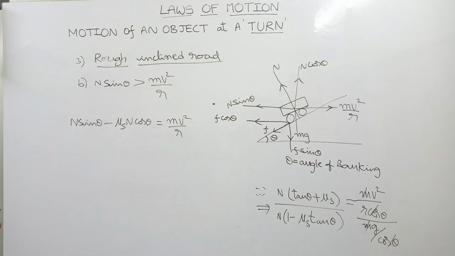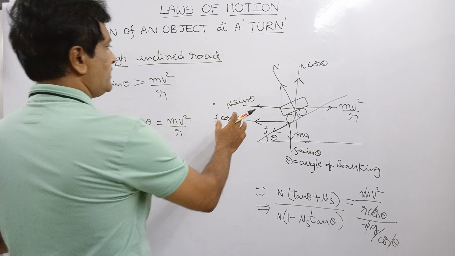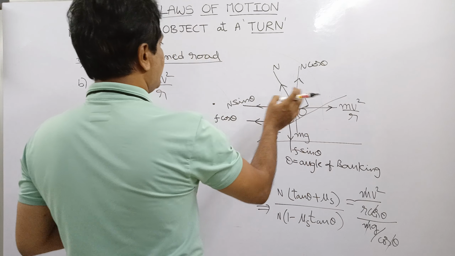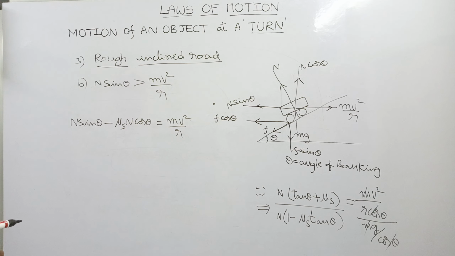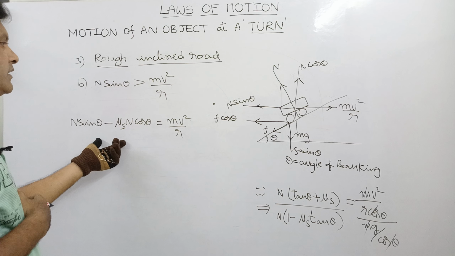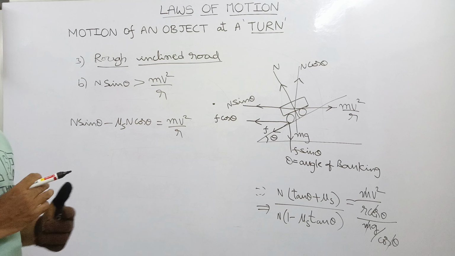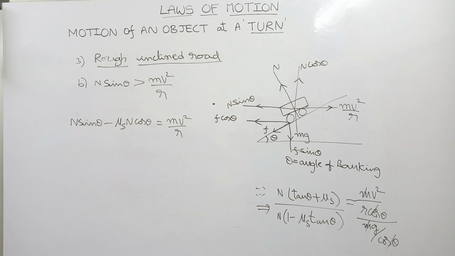Why I have taken it like this: n sin theta is greater than mv square by r. So to balance this, we need to subtract the frictional force, because the horizontal component of normal reaction is more. Now we will equate the vertical terms.